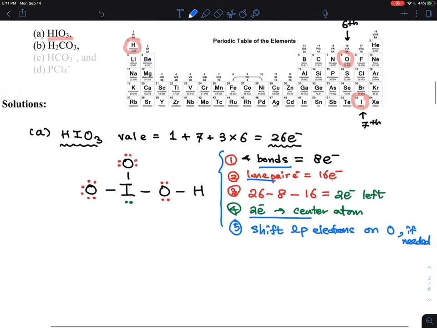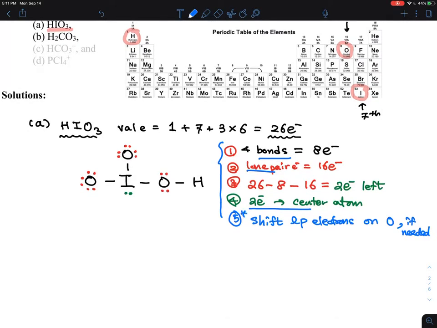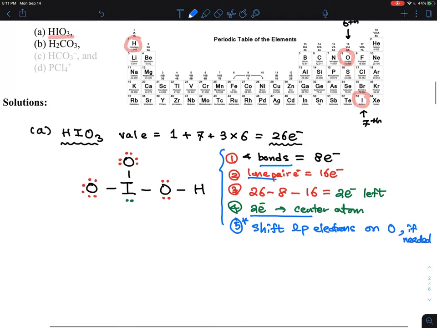So this is really the key portion of what's going on here. So let's look at what is called the formal charge situation.